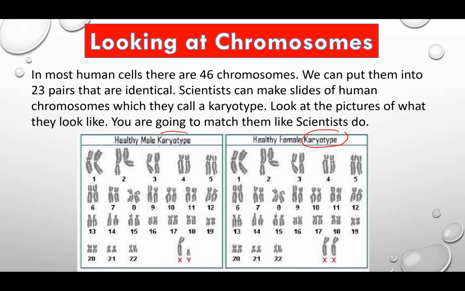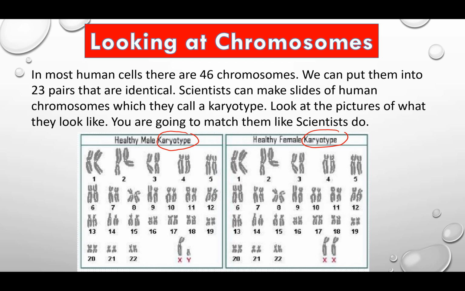And scientists carry out karyotyping for various different reasons. So it may be that when a lady is pregnant, she may have a test called an amniocentesis test. And an amniocentesis test is to find out if there are any problems with the baby.